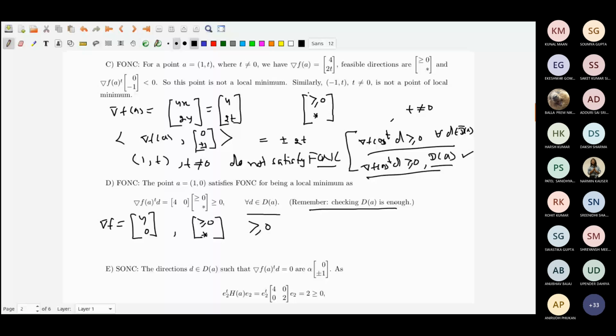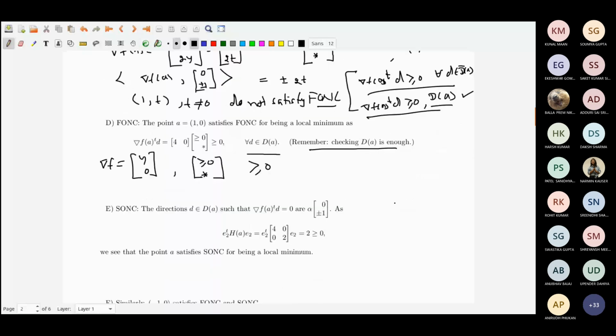Next, what does our second order necessary condition say? It says you find all those directions for which grad FA transpose D is equal to 0. For which directions will grad FA transpose D be 0? Because grad FA is 4 0, their product will be 0.